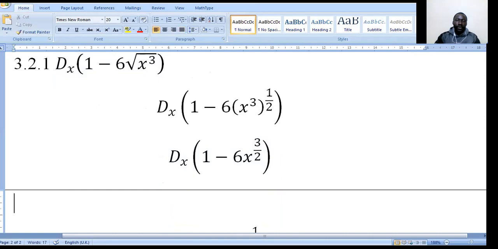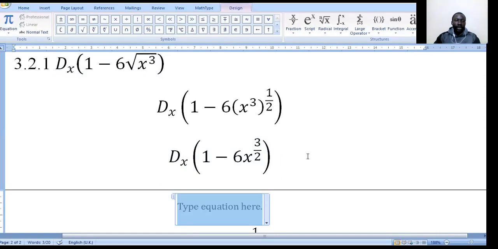We will be using the formula. And what is that formula?